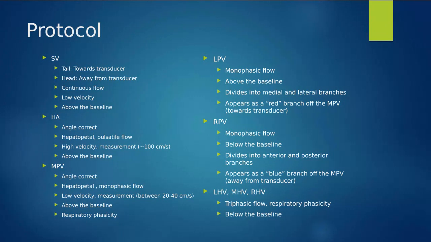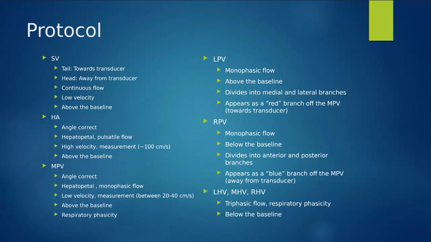Low velocity waveform coming in probably just over 10 centimeters per second. I did not measure it. I could have decreased my scale a little bit, maybe down to 30, but just retrospectively, that's something that you can be aware of as you are evaluating your own images and while you're practicing.